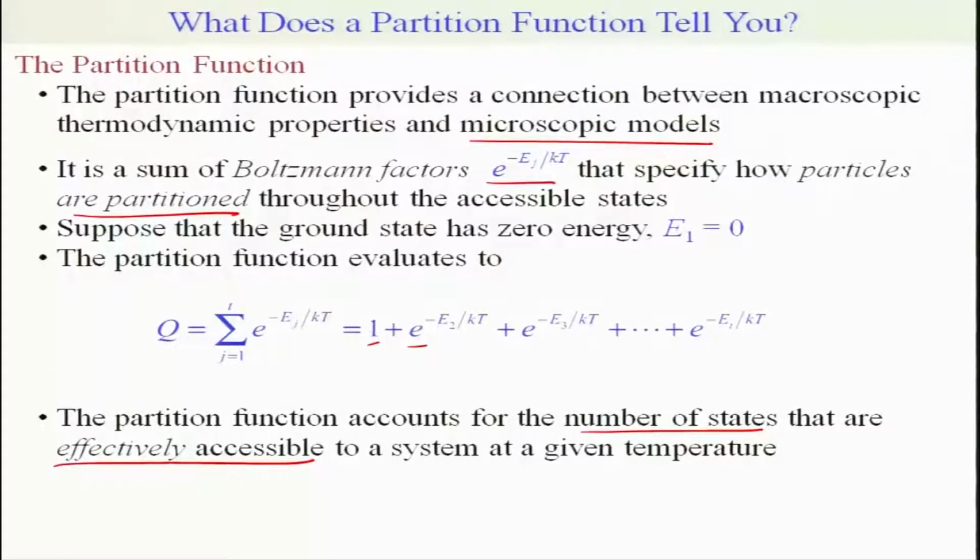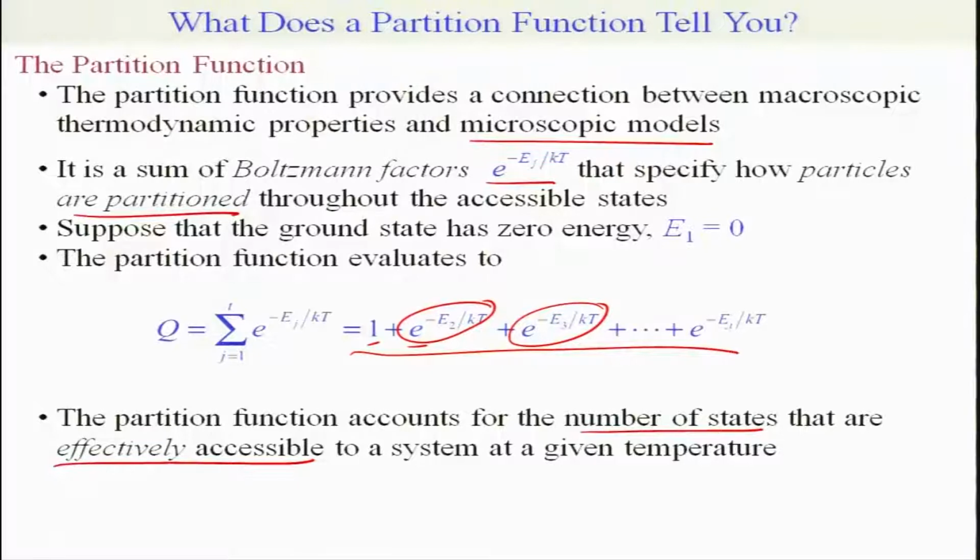So, this is 1 plus the Boltzmann factor to access energy level 2, the Boltzmann factor to access energy level 3, and so forth. So, it is simply the probability of how particles are partitioned throughout the accessible states, that is what it tells you.